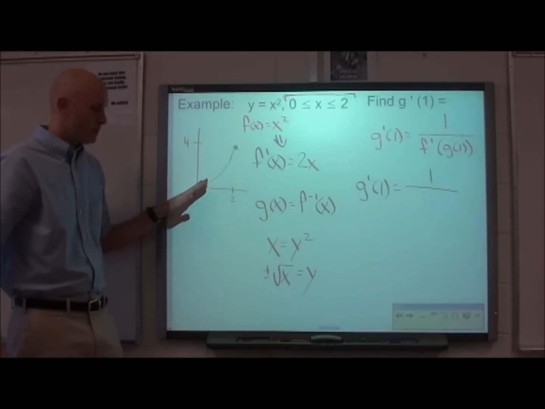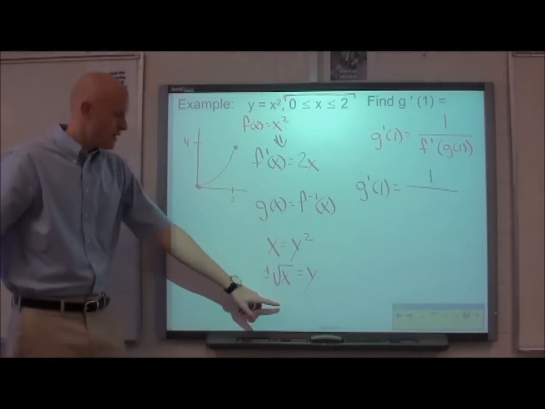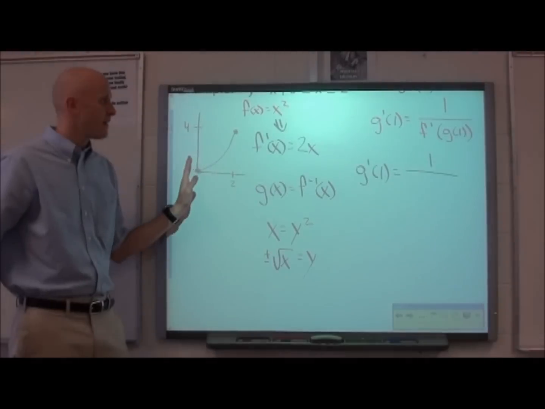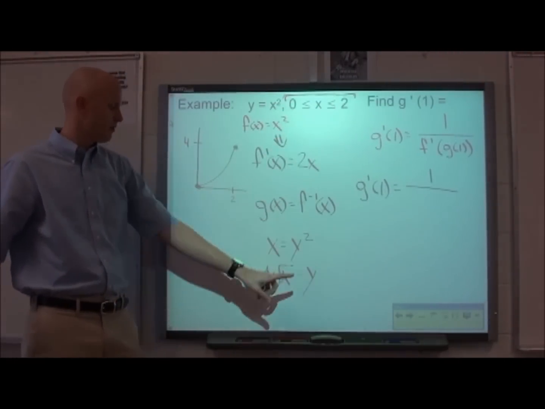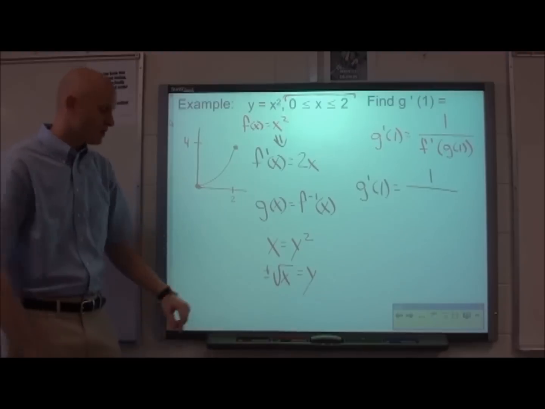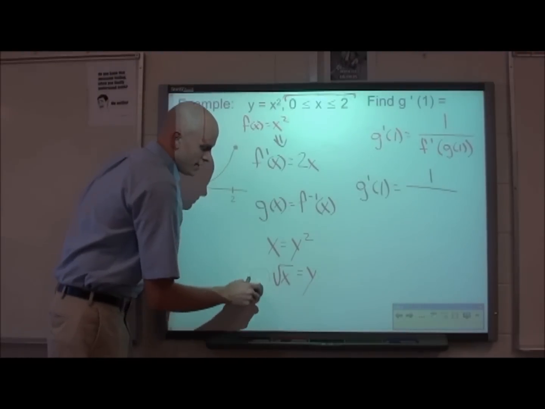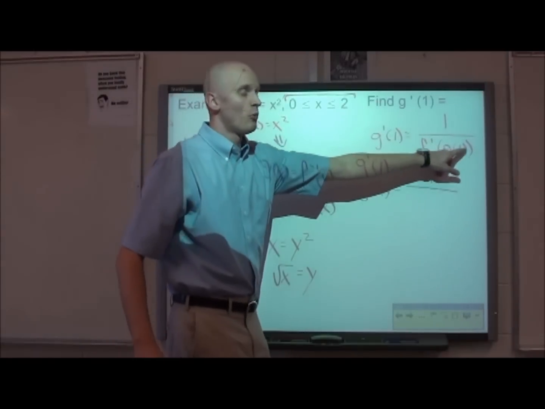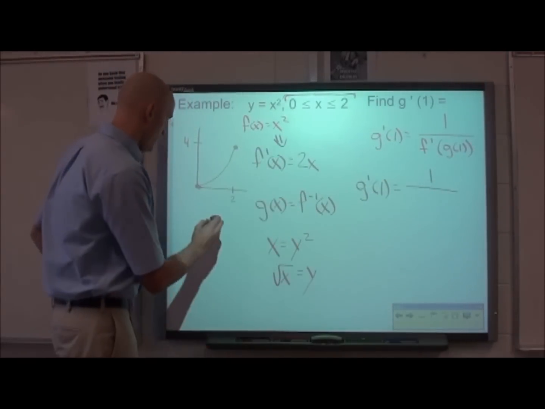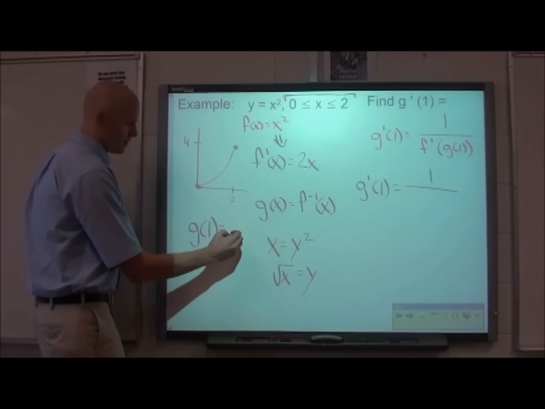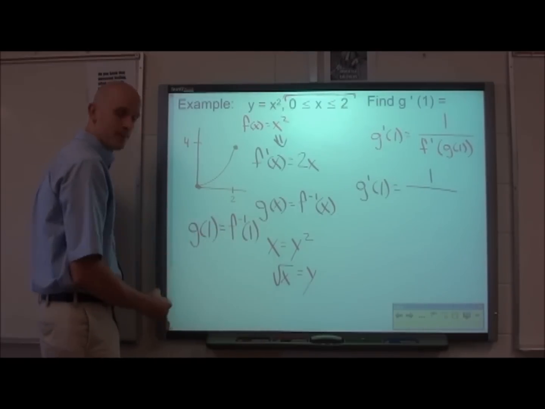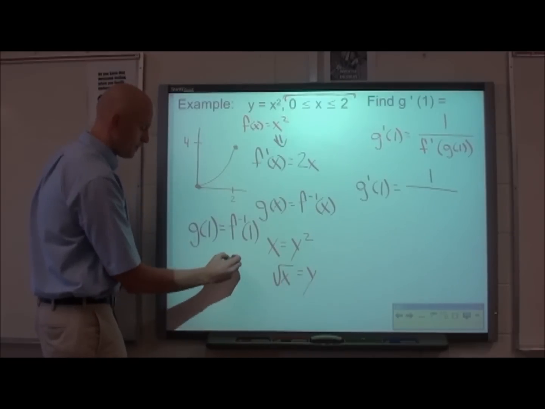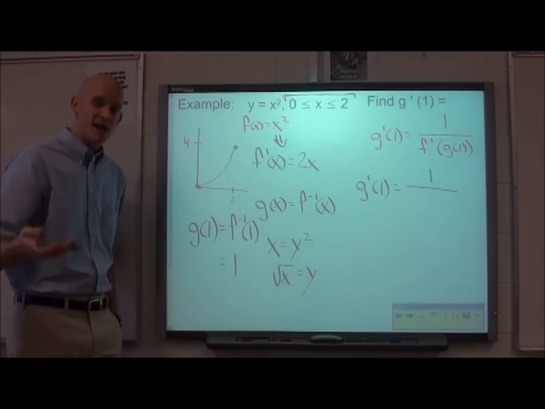Our inverse is this. Now, we have a restricted domain, so we're only dealing with x values between 0 and 2. So we know it's going to be positive. So if this is our inverse, g of 1 is going to be the inverse at 1, which is the square root of 1. So g of 1 is 1.